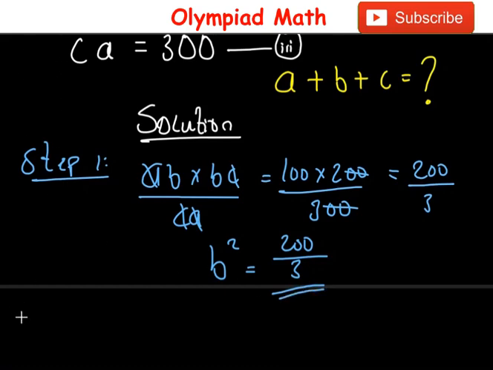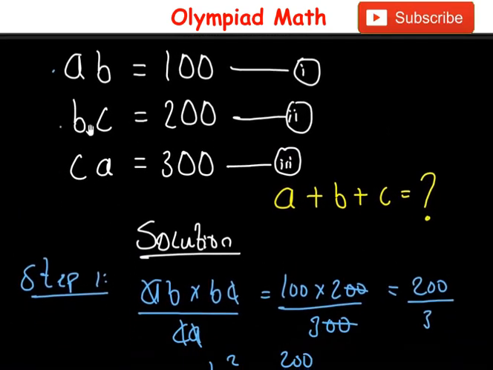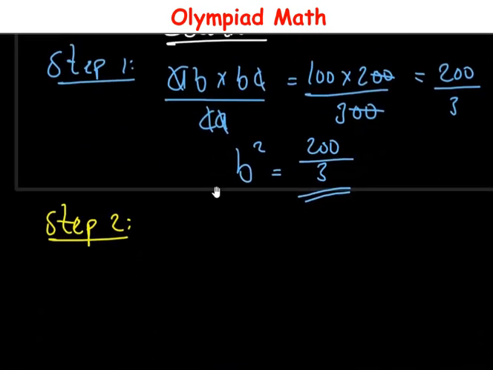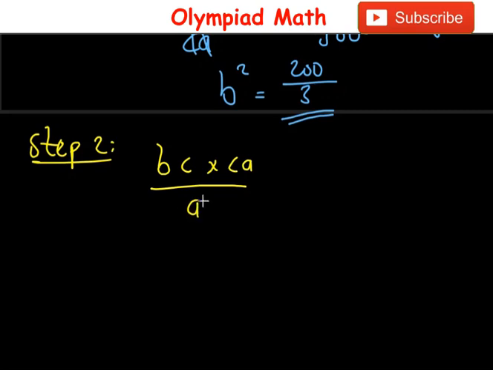The next step, step 2, what we are going to do is this. We are going to multiply BC times CA and divide it by AB.